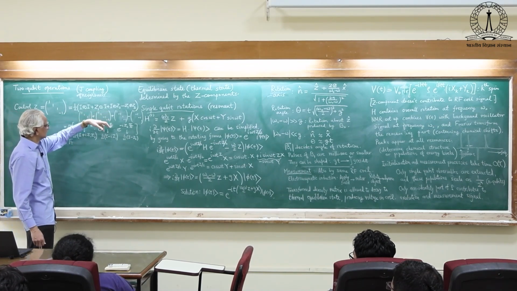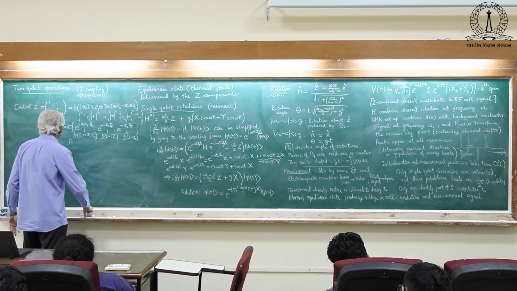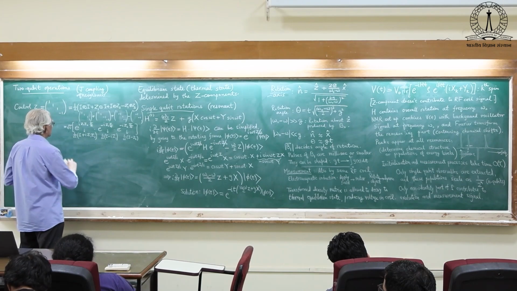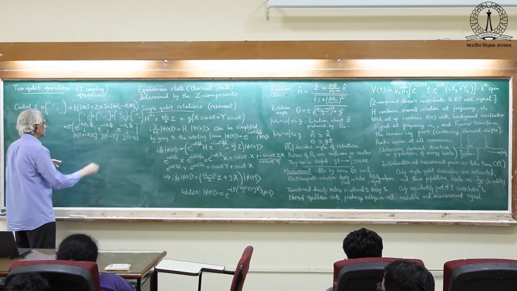And these are the exponentials of the other terms. But anyway, this is an identity, and I will not worry too much about normalization. There are all the root 2's, etc.